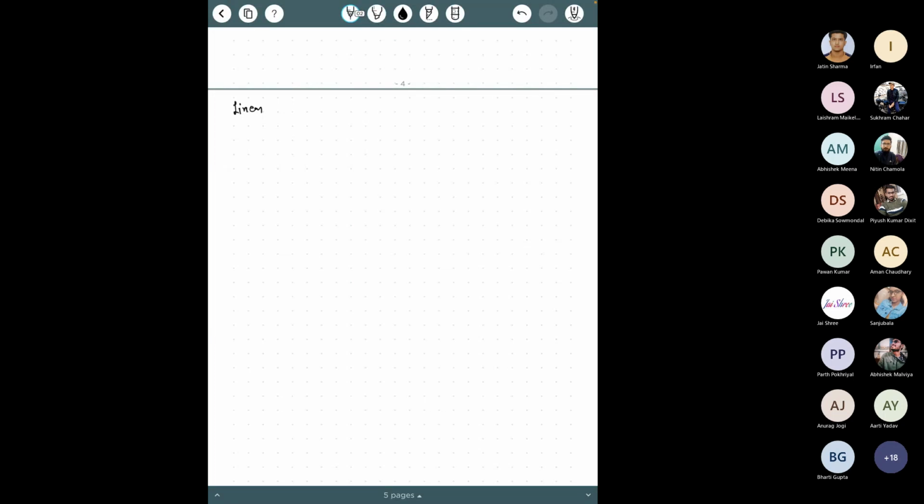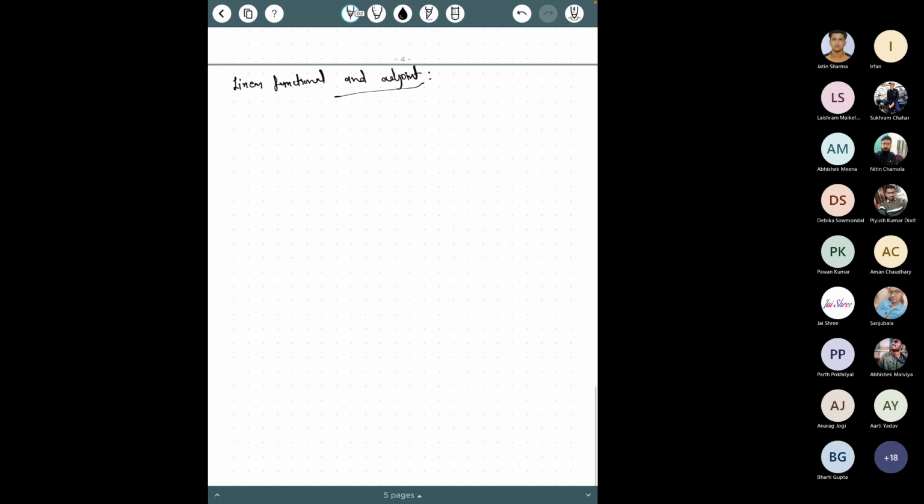So, linear functionals and adjoint. Before I start defining this, let me first make this observation. So let us start by observing something. At any point, if you have any doubt, you can stop me.